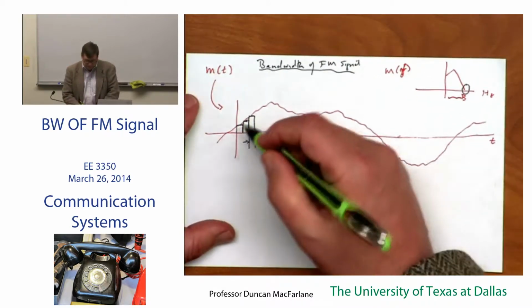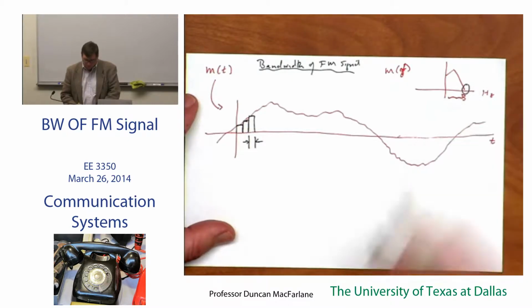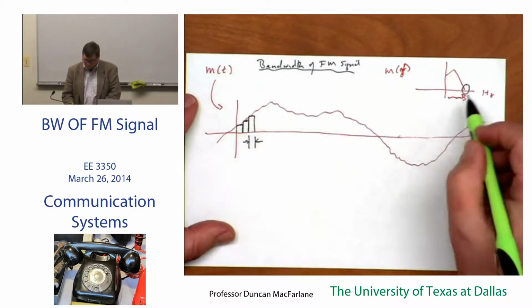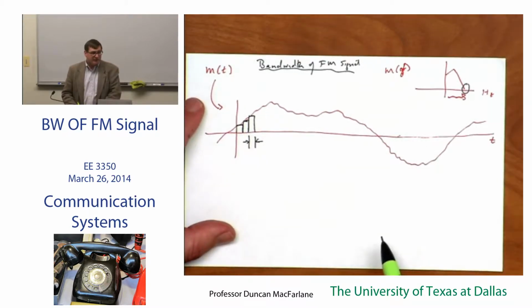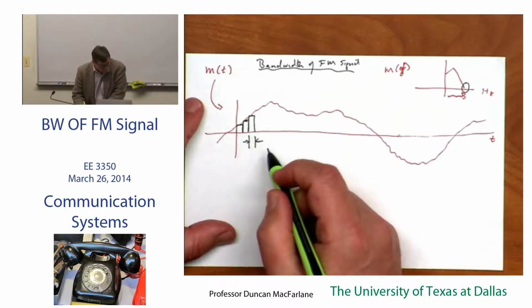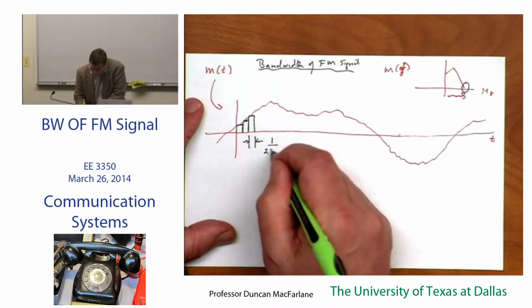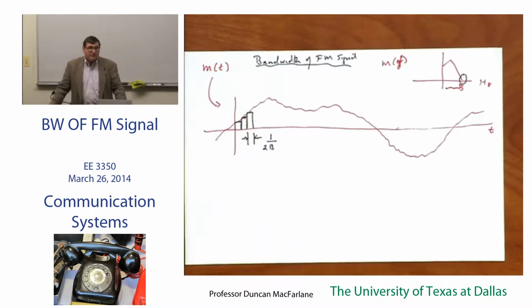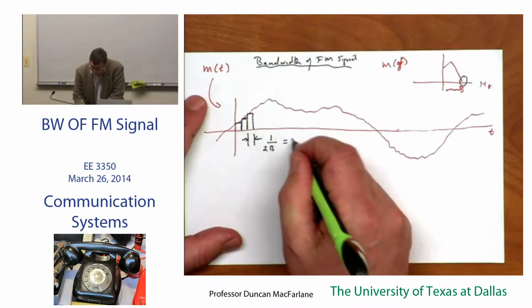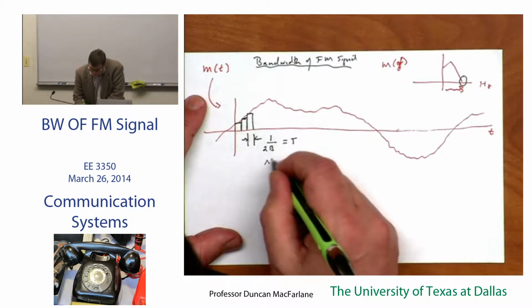So the high frequency stuff here is out towards here. The low frequency stuff is anywhere in there. So we want to sample at 1 over 2B. And that is equal to T, and that is in fact called Nyquist sampling.